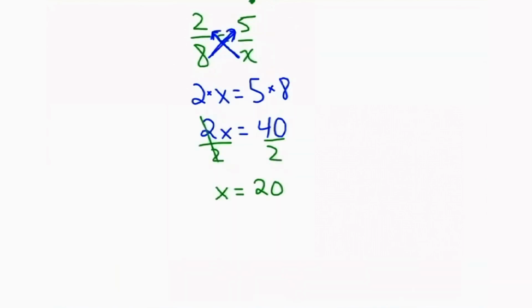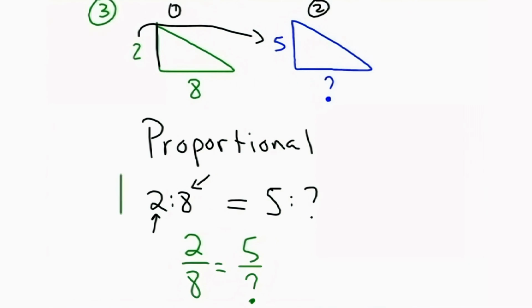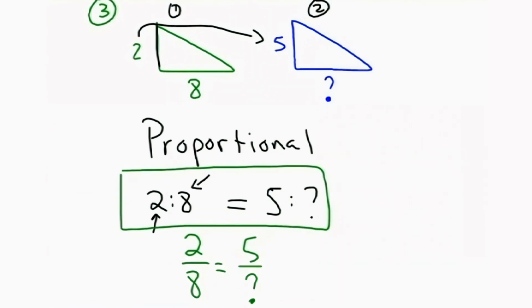So if these two triangles are proportional to one another, it means that their ratios have to be written like this: 2 to 8 is the same as 5 to 20.